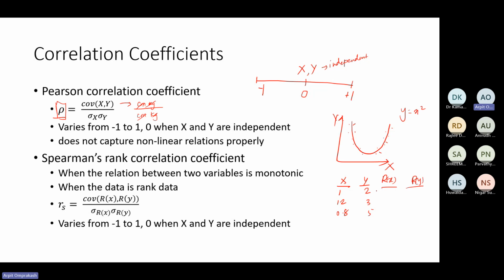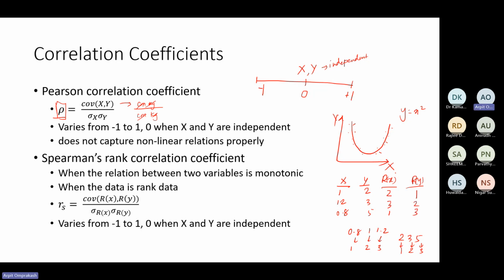Here we first arrange everything in ascending order. So for x, it will be 0.8, 1, and 1.2. So the rank of 0.8 will be 1, the rank of 1 will be 2, and the rank of 1.2 will be 3. So this should be 2, this should be 3, and this should be 1. And again for y, it will be 2, 3, and 5. So the rank will be 1, 2, and 3.